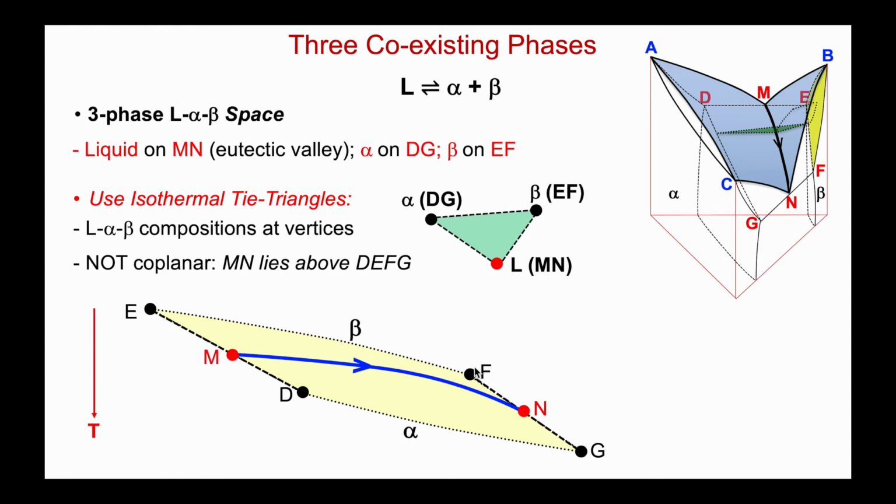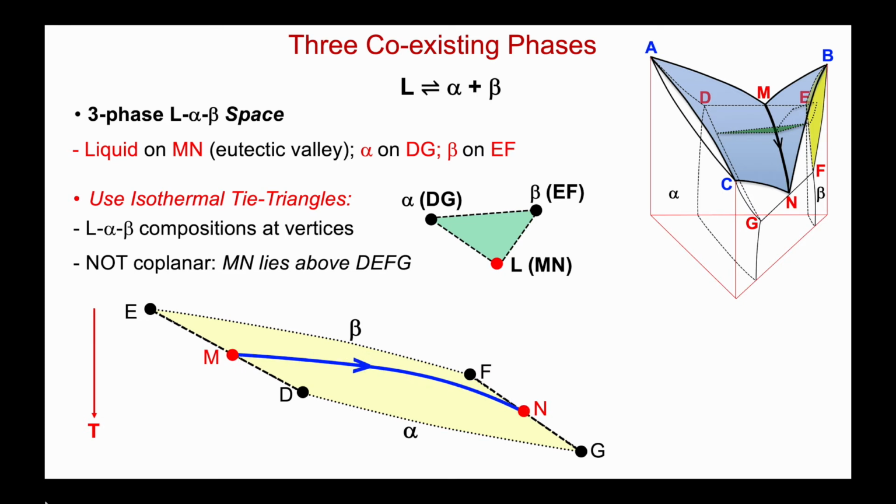On the right-hand side in this section, I'm drawing the corresponding eutectic in the BC system. So this would be composition G of alpha, N is the composition of the eutectic liquid, and F is the composition of beta along that binary.